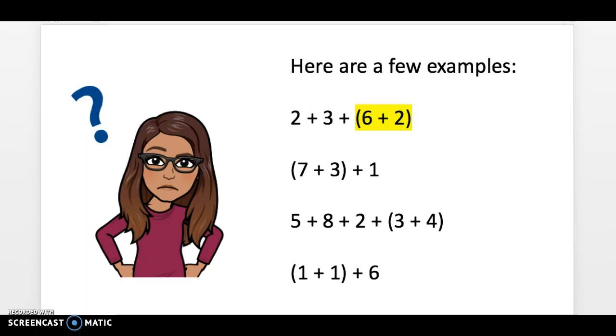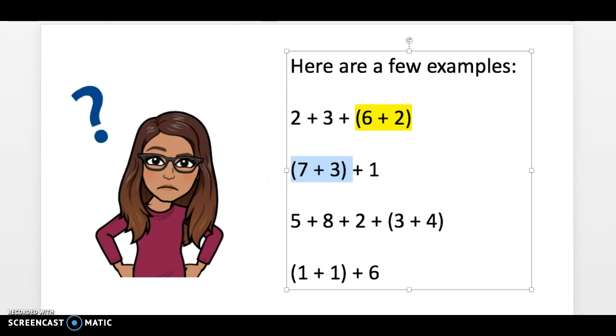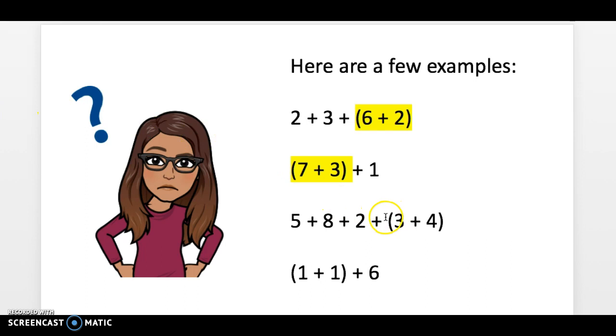Let's continue on to (7 plus 3) plus 1. Here we see that the 7 plus 3 is in parentheses, which means that that is a problem that we evaluate first. Next we have 5 plus 8 plus 2 plus (3 plus 4).